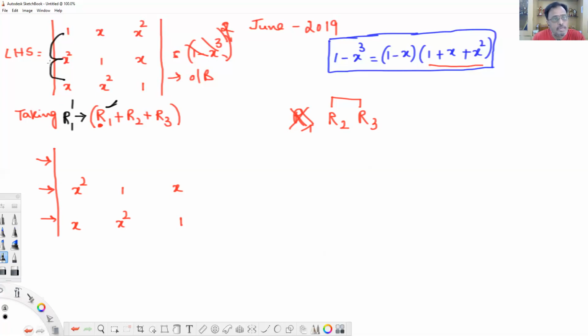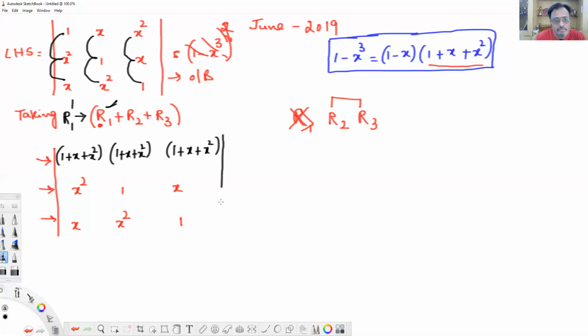Systematically, it is 1 plus x plus x square. Again here also, R1 plus R2 plus R3: x plus 1 plus x square, we can write 1 plus x plus x square. And again here also, x square plus x plus 1, that is 1 plus x plus x square.